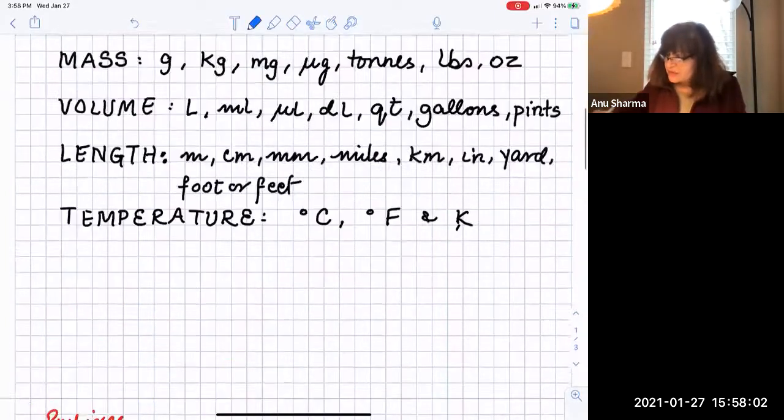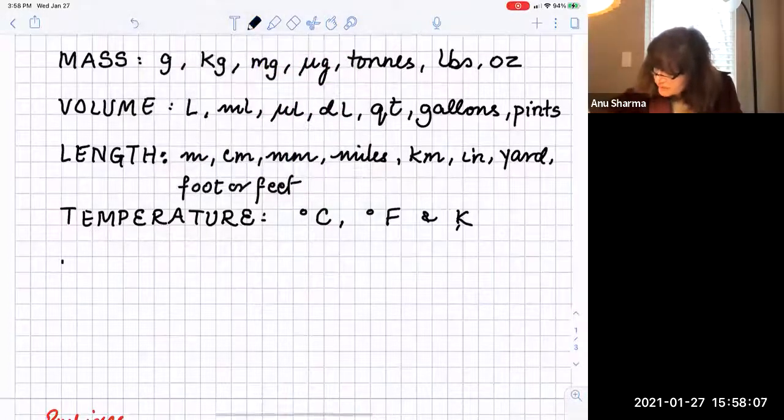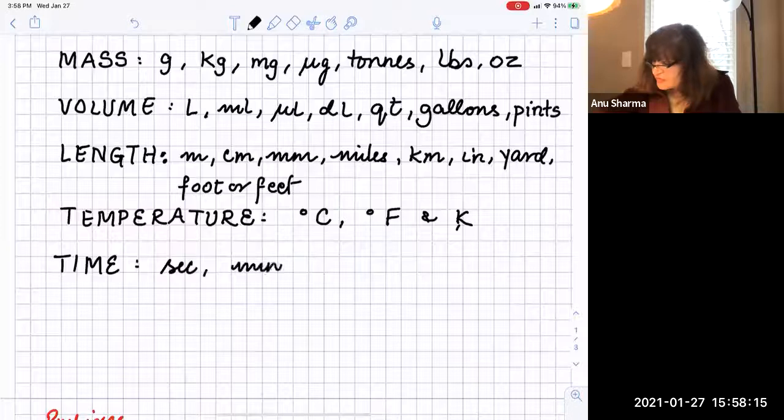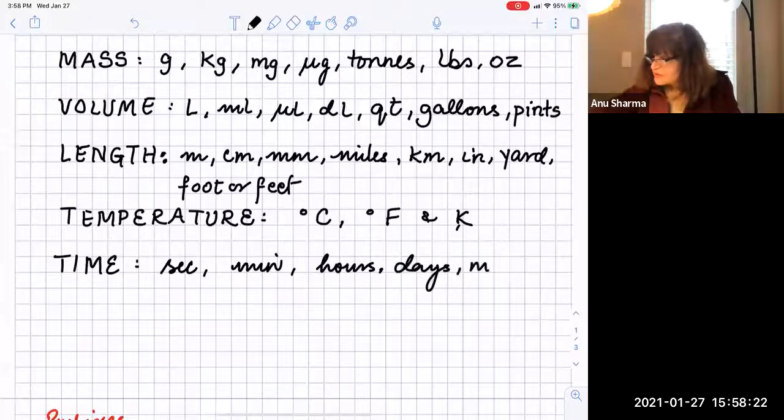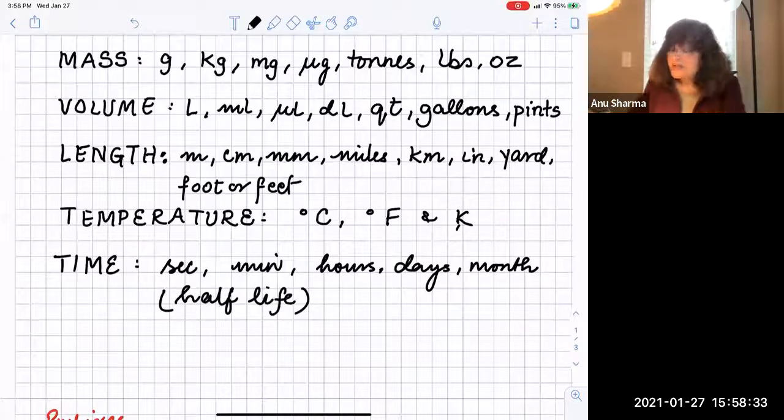Besides the units we looked at, there are units that are used for time, for example seconds, minutes, hours, also days, months. You're going to look at the half-life of medicines, half-life of radioactive substances, that is measured in time.